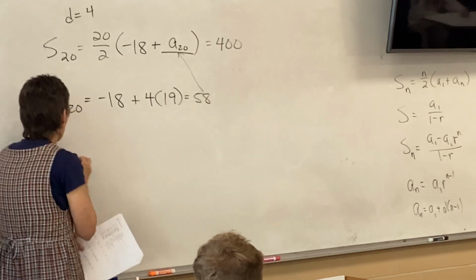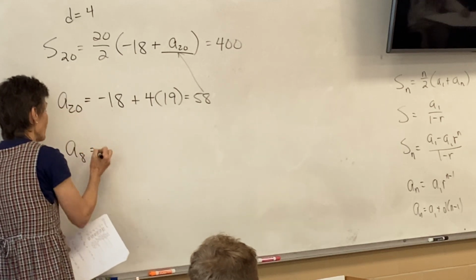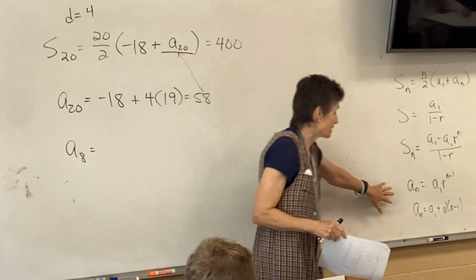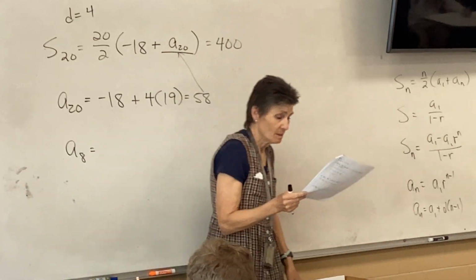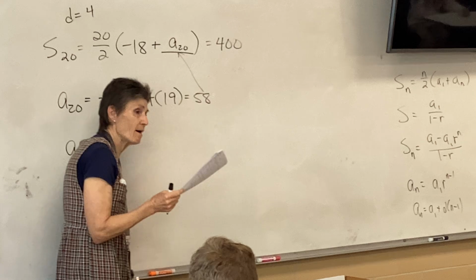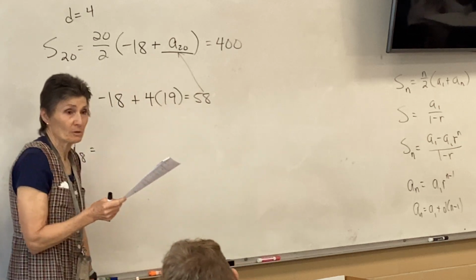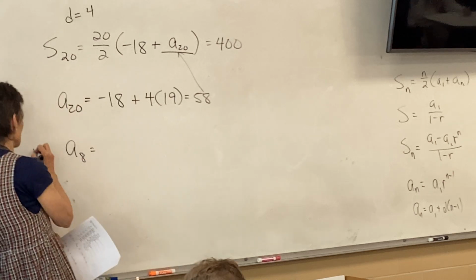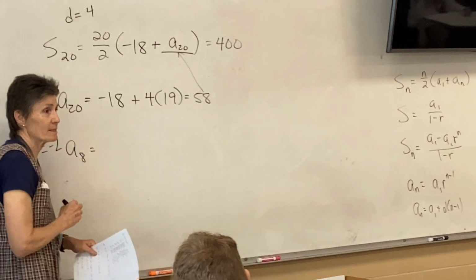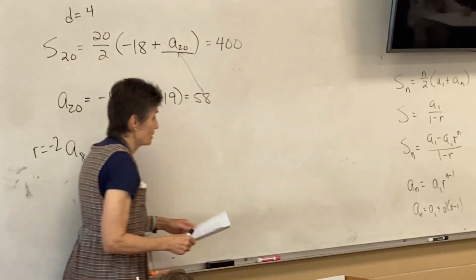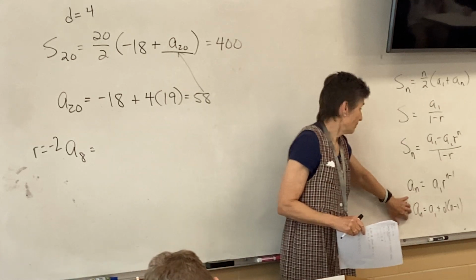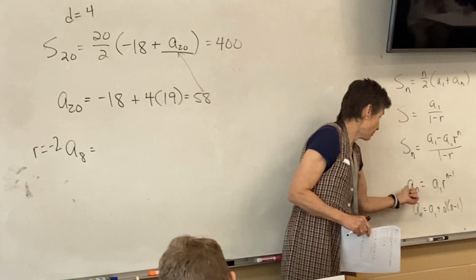Alright, next problem, A sub 8. Now I'm going to use one of my A sub formulas. What kind of sequence do I have? Multiplying by negative 2. So it's geometric, and the ratio is negative 2. So here are your options. These are the only A formulas. This is the one that's got an R in it, so that's the one I'm using.